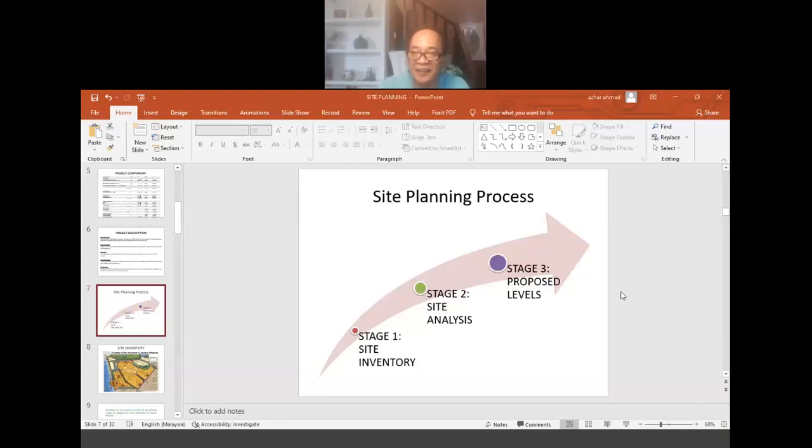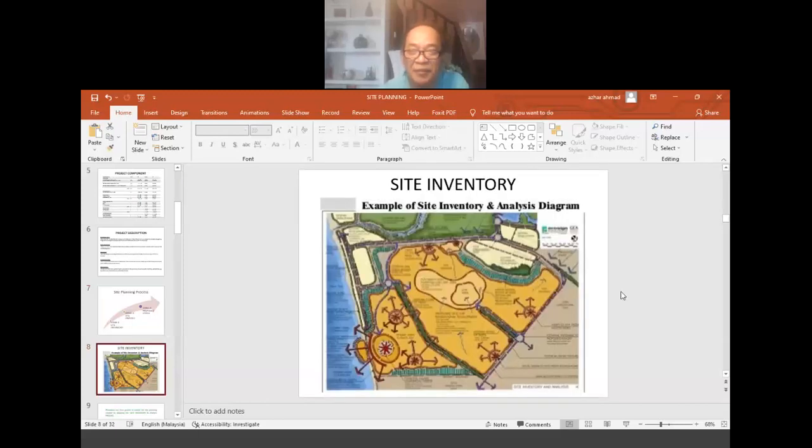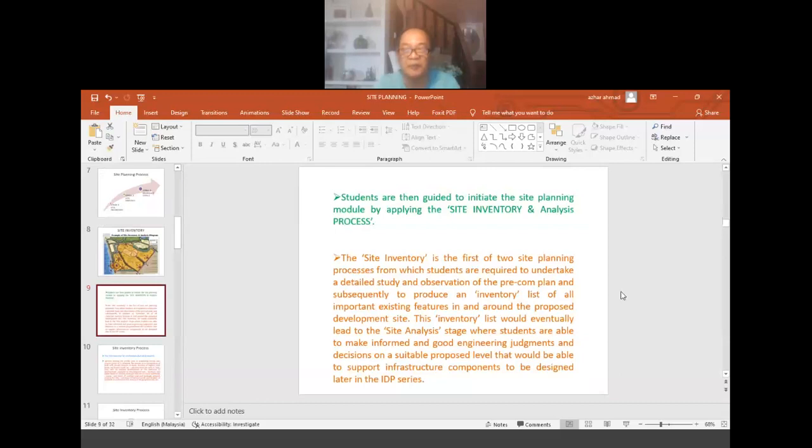Okay, and moving on, we come to the site inventory talk first. Okay, so what is site inventory? Site inventory is the first of the two site planning processes. We have two site planning processes, which is the site inventory and also the site analysis. Okay, whereas from which students are required to undertake a detailed study and observation of the pre-com plan.